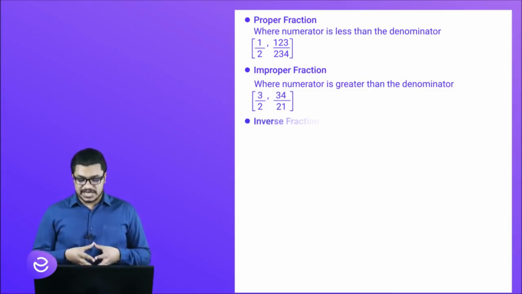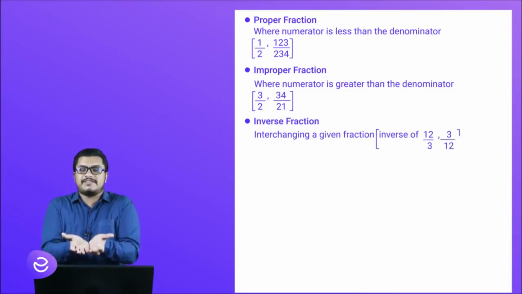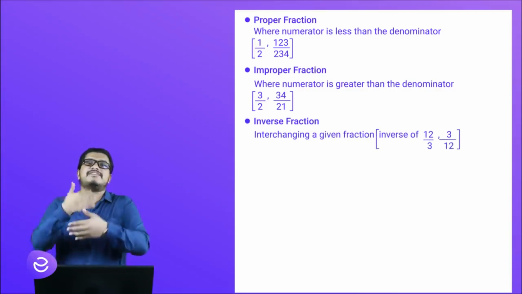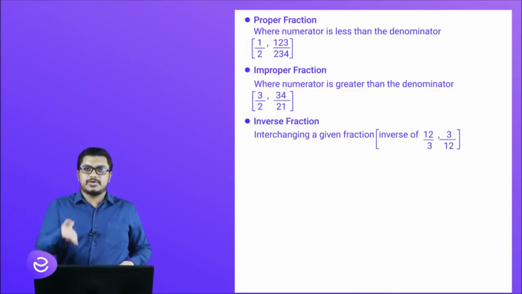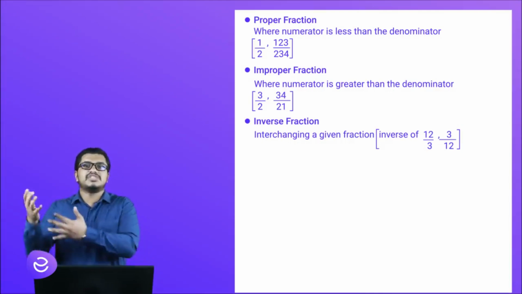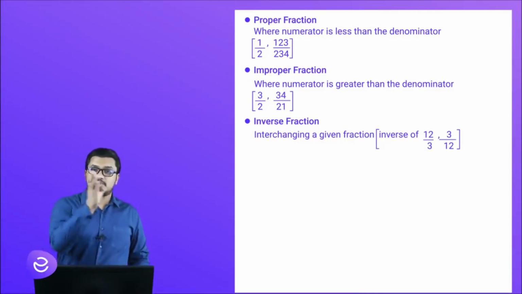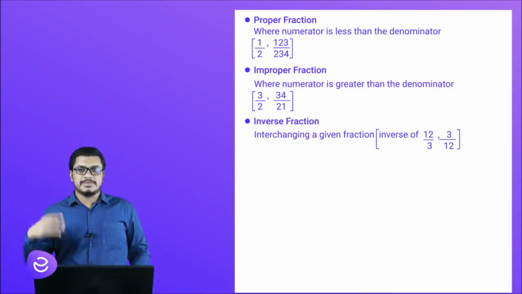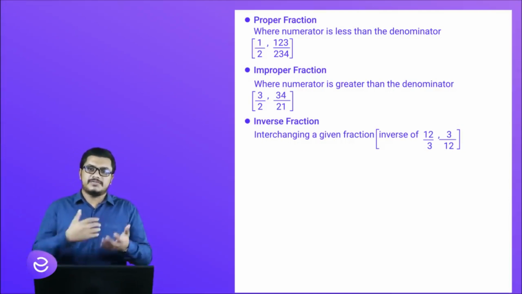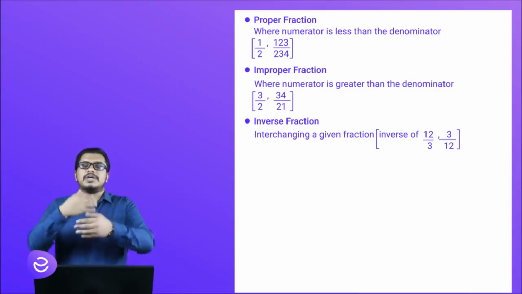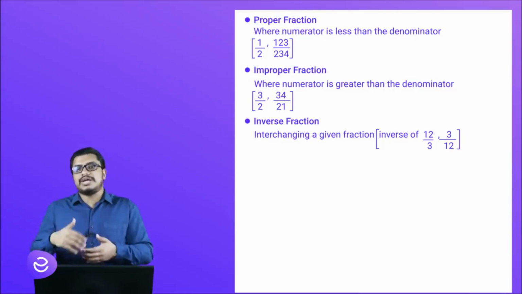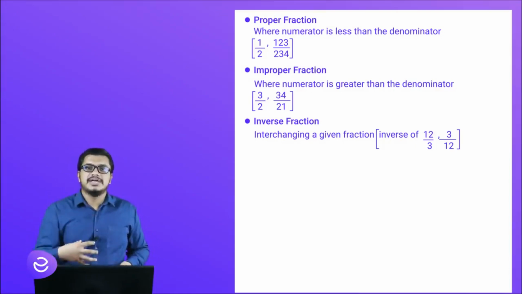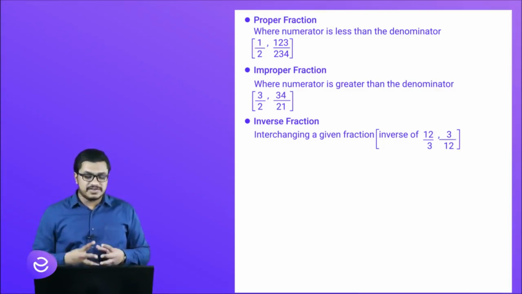Now inverse fraction means if you are given a fraction and you invert it, the reciprocal. If you are given 1 by 2, the inverse is 2 by 1. If you are given 12 by 3, the inverse is 3 by 12. So you exchange the numerator and the denominator, and it gives you the inverse fraction.